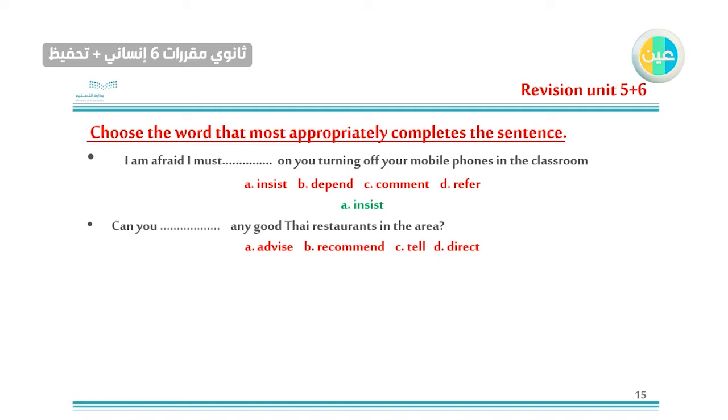What do we say about asking or giving advice for good restaurants or good places? There is a word for this action. What is it? Is it advice? Or recommend, which means counsel, something stronger, or just tell, say, or direct, guide me. Yes, recommend.